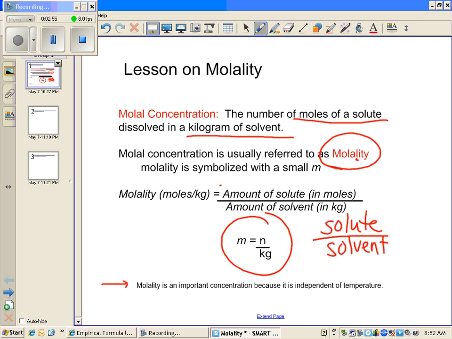Those are constant. In molarity, you have volume, and volume can change if you change temperature. So molality is independent of temperature, which makes it good for colligative properties. We haven't done colligative properties and may not get to them right now, but this is why molality is used for that: temperature does not affect it. So now I want to go to a practice problem.